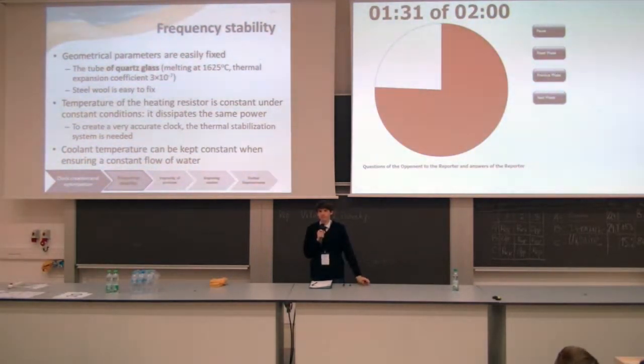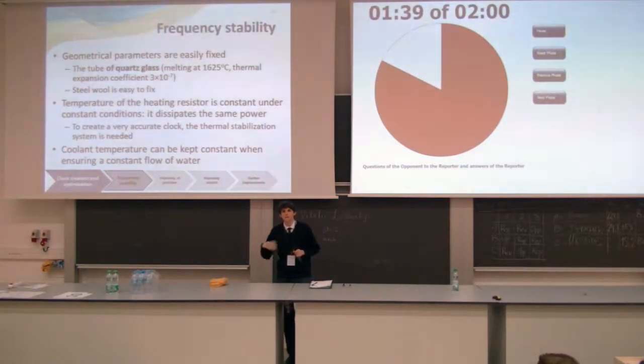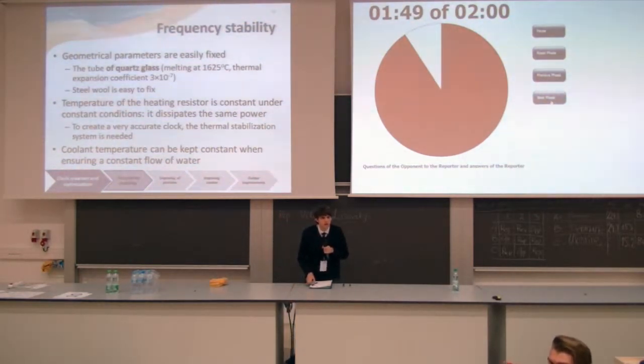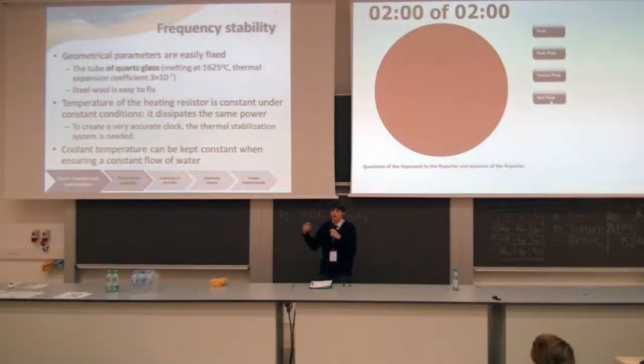Okay. For which typical measure duration would your clock be useful? Can you repeat? For which measure duration will your clock be useful? Stable for this duration, I'll call it stable, yes?